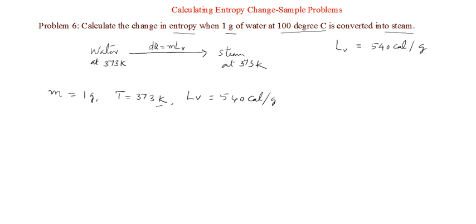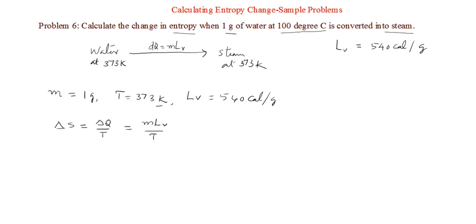So delta S, as we have done earlier, will be equal to delta Q over T, and delta Q earlier was m into LF, now it is m into LV, divided by the temperature.